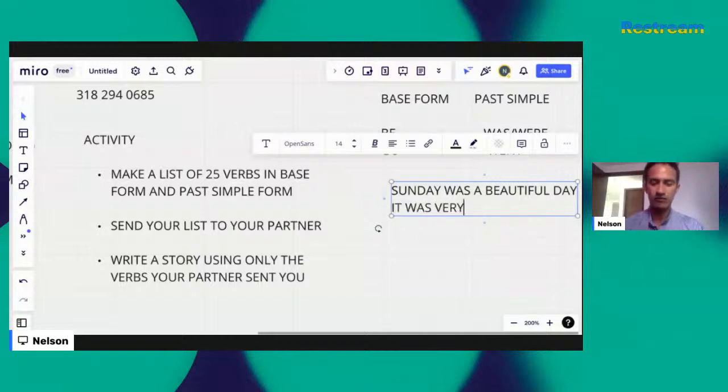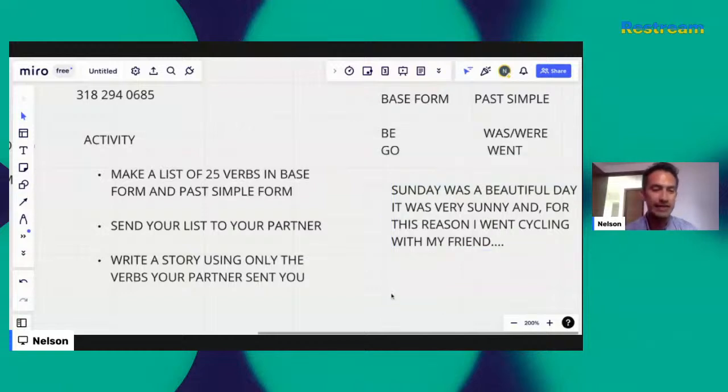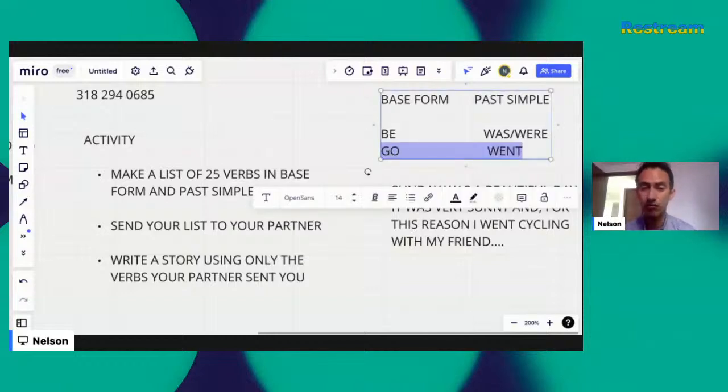It was very sunny, and for this reason, I went cycling with my friend, and etc. So I use the verbs in the past simple, but also we can use the verbs in the base form or the ing form. We want to practice the past simple.